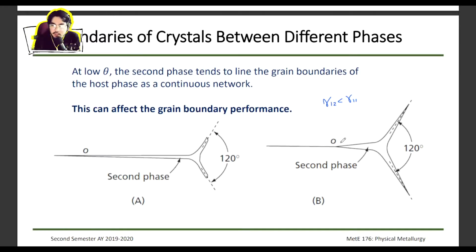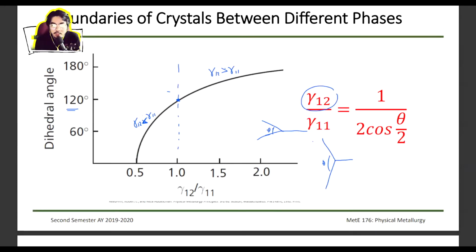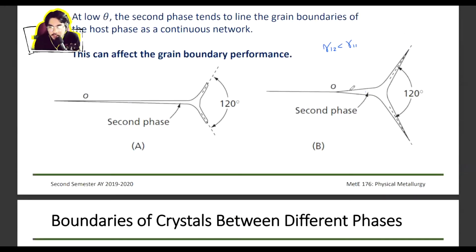So if you look at this, this is the second phase, or our precipitate. Tapos, if sigma 1,2 is lower than sigma 1,1, ang mapuproduce natin is a dihedral angle equal to 120 degrees.